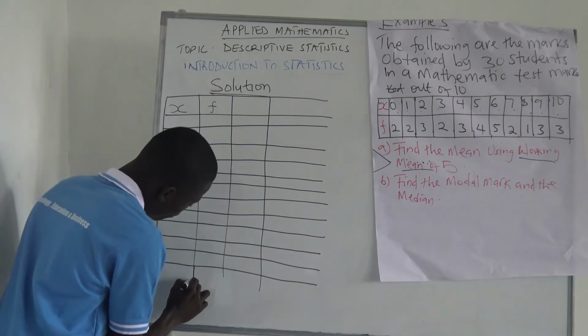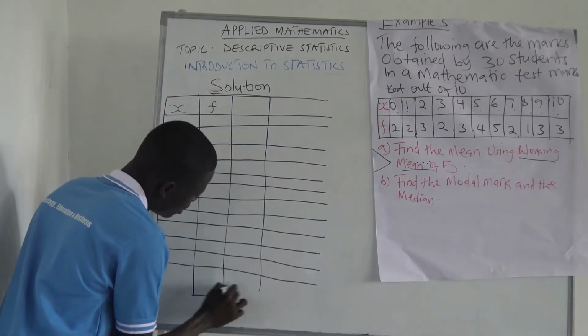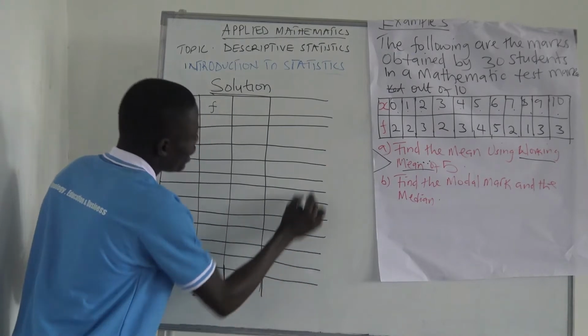So here we have for summing our frequency, and then this one we have for summing our D.